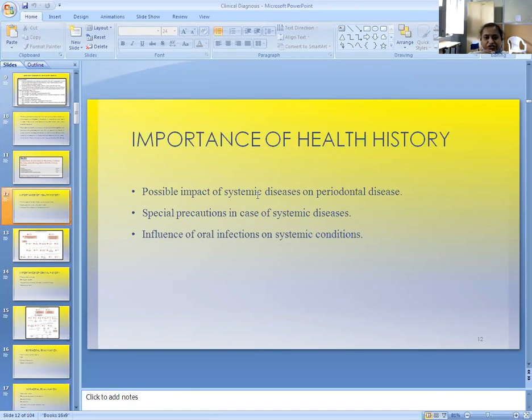Influence of oral infection on systemic condition: sometimes oral infection can also affect the progression of systemic disease, and vice versa. Means systemic disease can also impact the progression of periodontal disease. In a similar manner, periodontal disease can impact the progression of systemic disease. Okay, so you should know the health history properly.